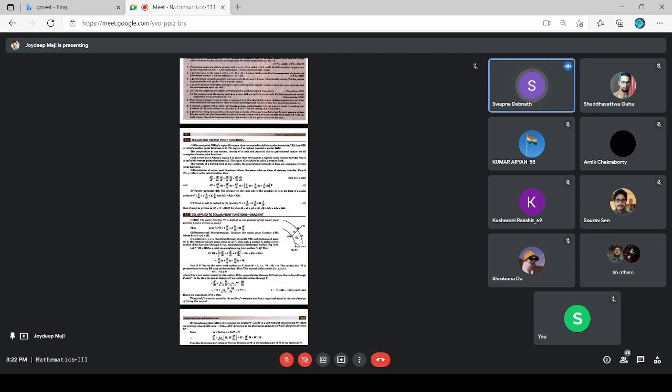Now the next, article 8.5, del applied to a scalar function. When the operator del is applied to a scalar function, it is called the gradient of that function, and we write it as grad f or del f.